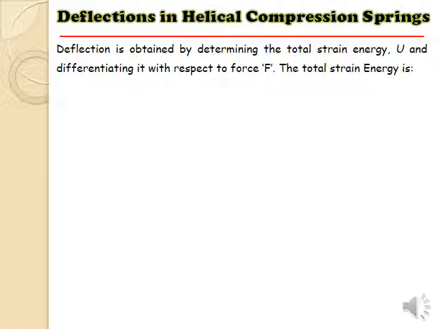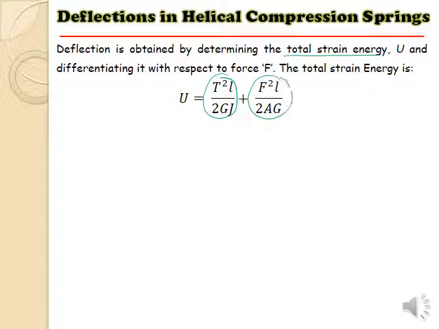Now, how do we determine the deflection in a spring? To determine the deflection in a spring, first we will determine the total strain energy. Because there are two different types of shear forces over there, I will have to calculate two different components of energy. One originates from the torsion effect, and one comes from the shear force effect.